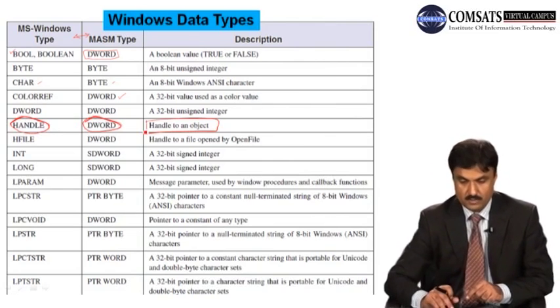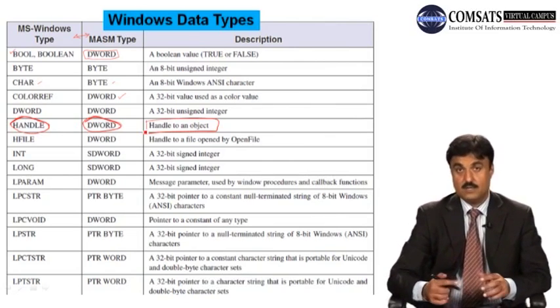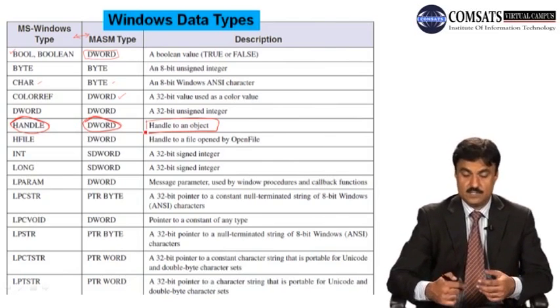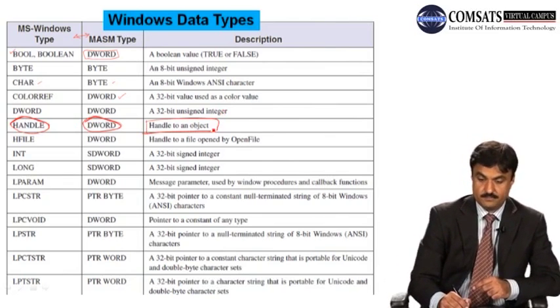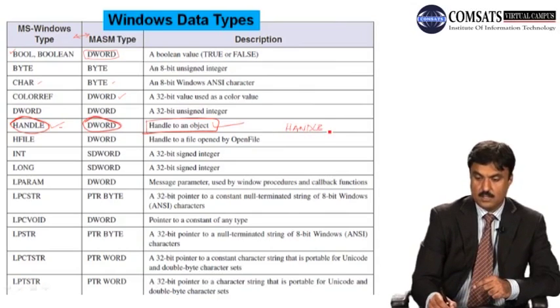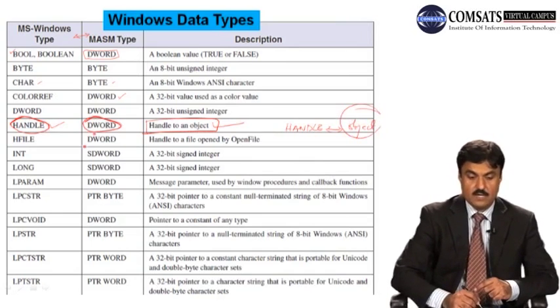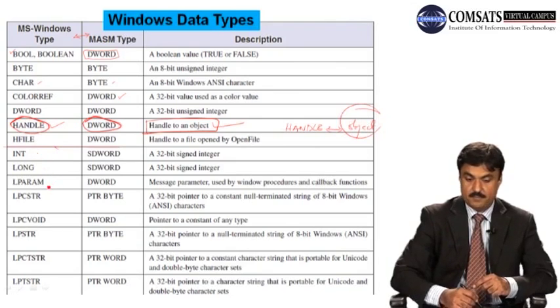This object is important and we will focus on it throughout the rest of this lecture. So the type is HANDLE, and it provides the handle to the object. Then we have HFILE, a handle to a file opened by OpenFile, INT, LONG, LPARAM, and so on.